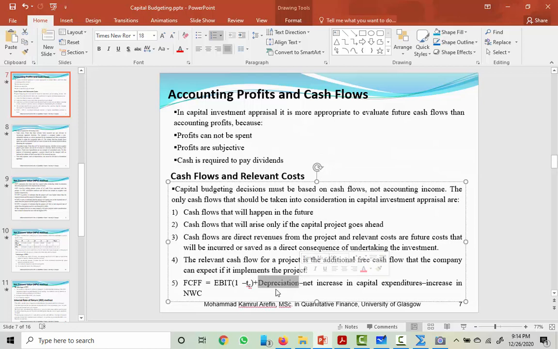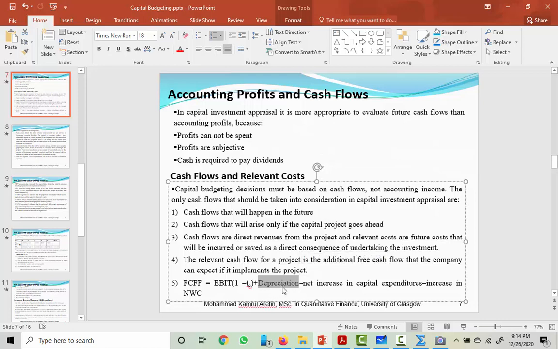Why? Although depreciation is deducted to calculate profit in the income statement, depreciation is a non-cash expense. That means it is not a real expense; you haven't spent any money for the depreciation.